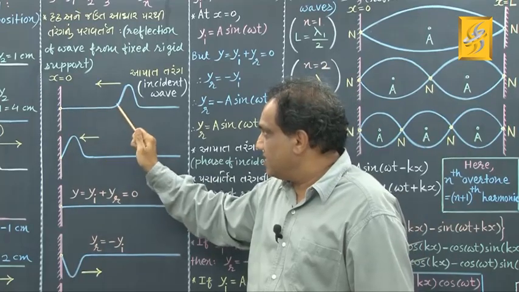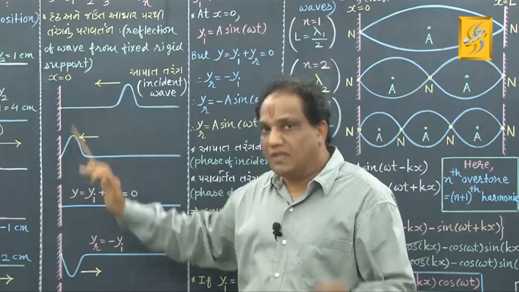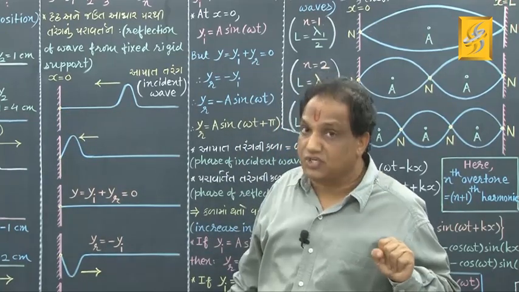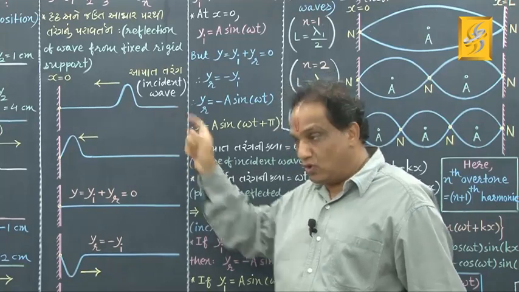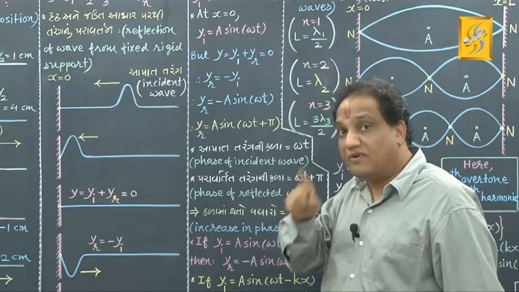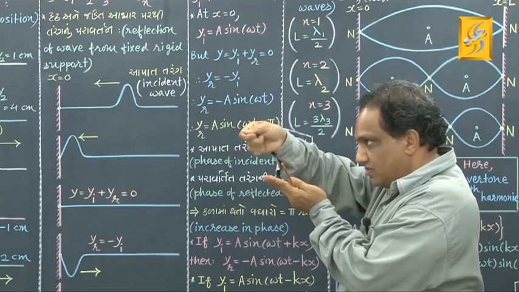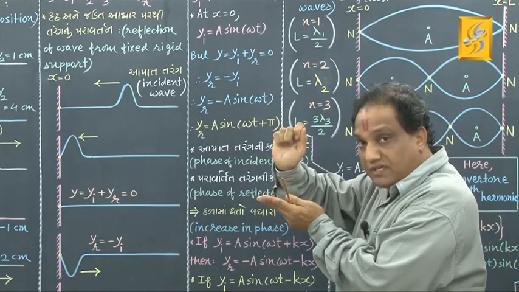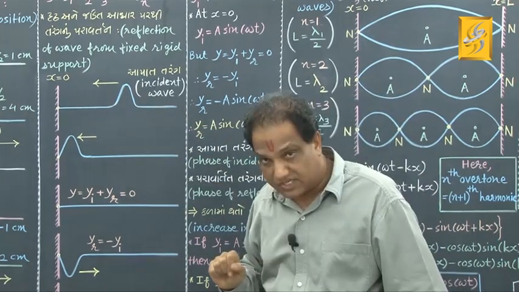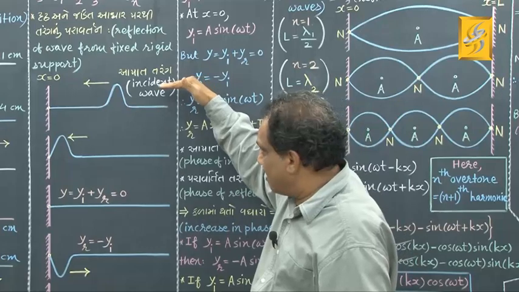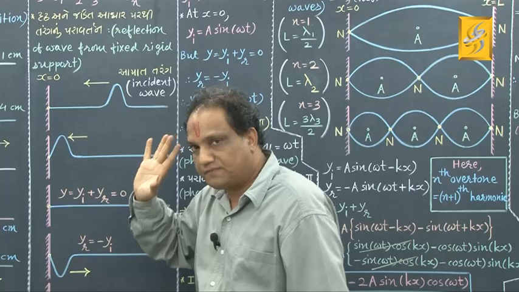Consider an extremely thin string which is tied with this rigid support and kept under proper tension. Fine. What we do from this end, we just produce a pulse in the form of a crest. So we just give half of the oscillation, say up and down this way, correct? Half of the oscillation. And then you will have production of such a pulse in the form of a crest. And that crest is now propagating towards this fixed rigid support.